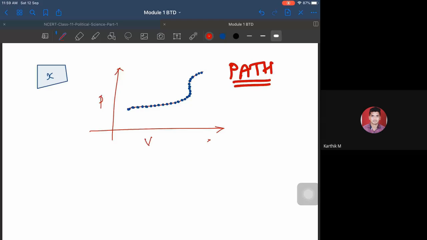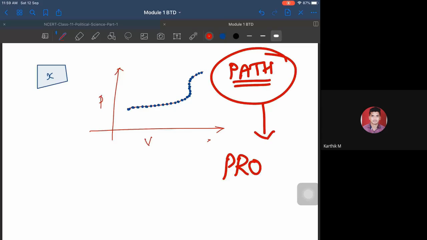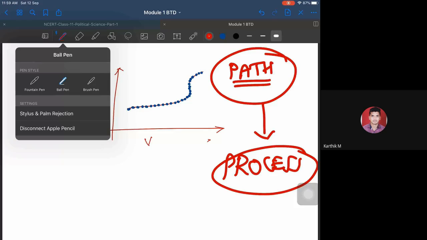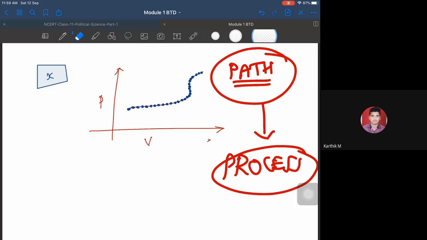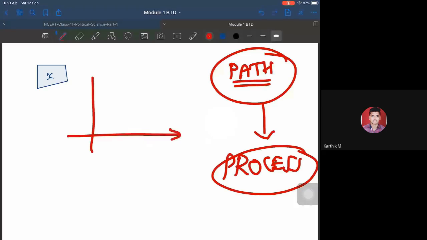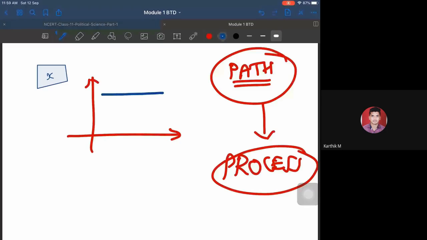But when can I say a path is a process? Not every path followed by a system can become a process. A process is something specific in nature. If there is some system X following a certain path like this, I specify this as my initial state and this as my final state.